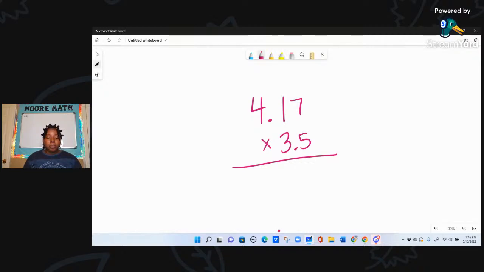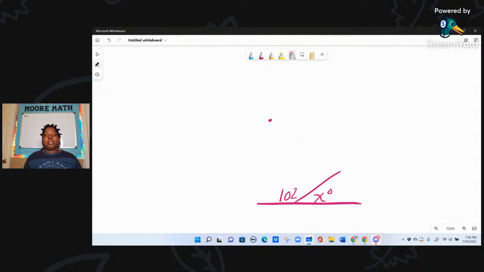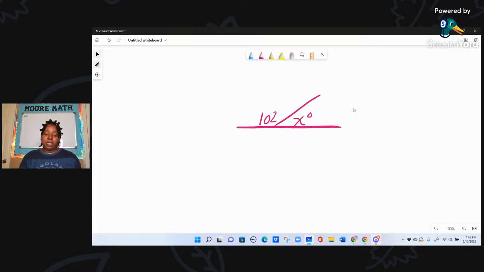So, all right. Mackie, let me talk to you. There could be an angle question like this, where this is 102 and you have to solve for X. Or it could be angles in a triangle. So I'm going to give you 3 options and you tell me which one it looks the most like.